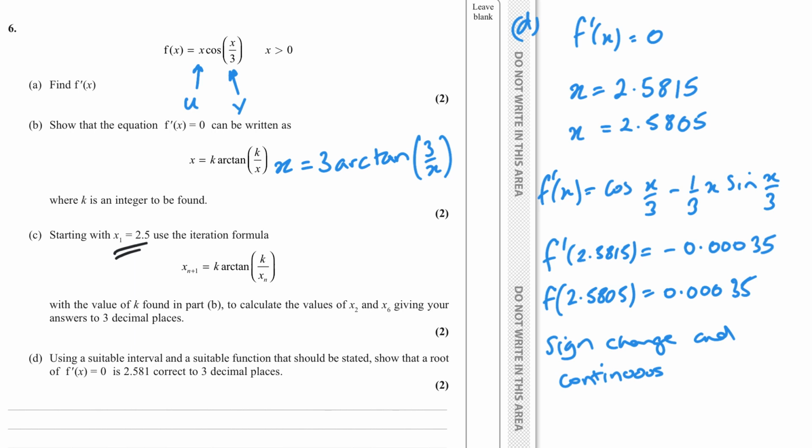Okay, the continuous part is just to show that it is one line, one graph, and it's not like a reciprocal graph, like a 1/x graph, which wouldn't be continuous. So that's why you want to put in the continuous. So you want sign change, continuous, therefore root, and just make it into a nice sentence.